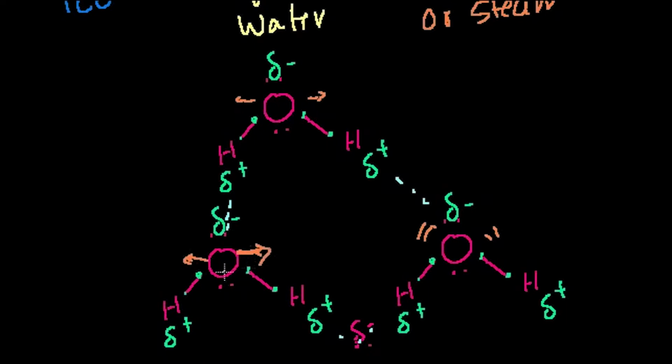I'm drawing arrows to show that they're vibrating. It doesn't have to be just left, right. It could be up, down. But as you add more and more heat in a solid, these molecules are going to keep their structure, so they're not going to move around relative to each other, but they will convert that heat, and heat is just a form of energy, into kinetic energy, which is expressed as the vibration of these molecules.